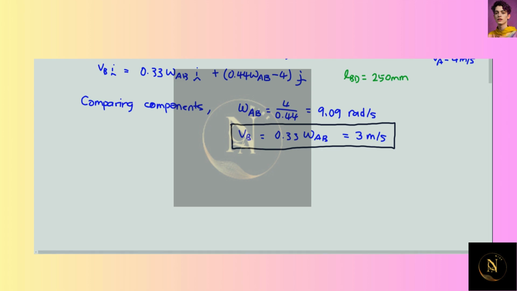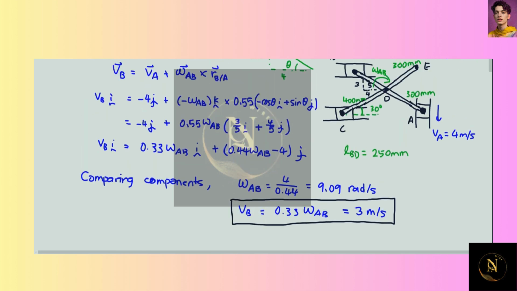Next, we want to find VC. To find VC, C is going to move because of the rotation of link CE.